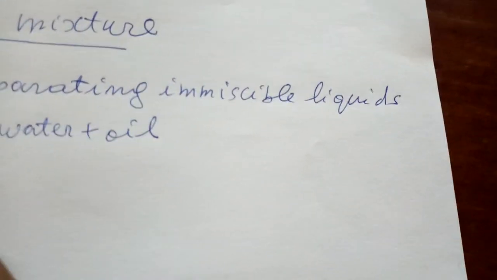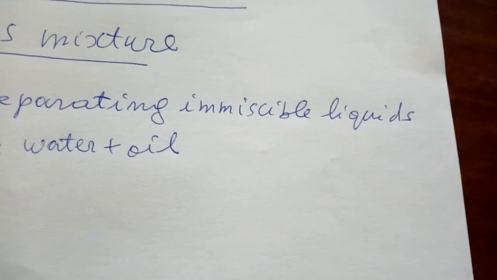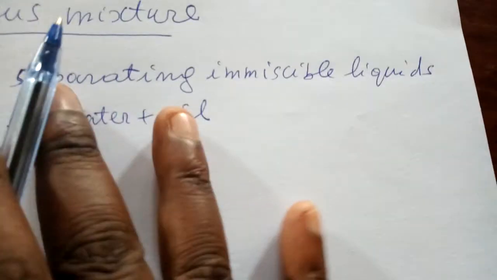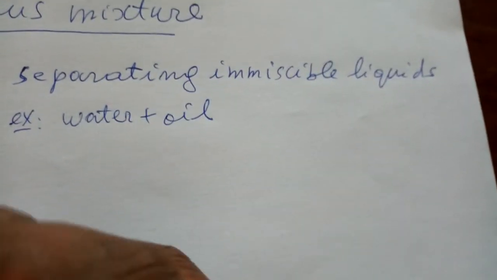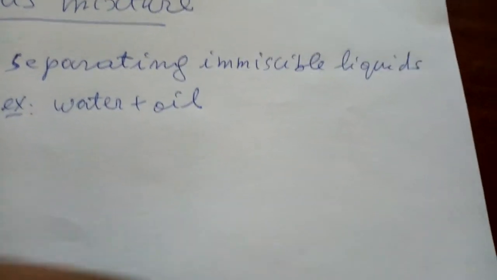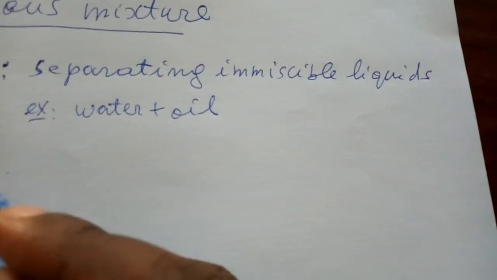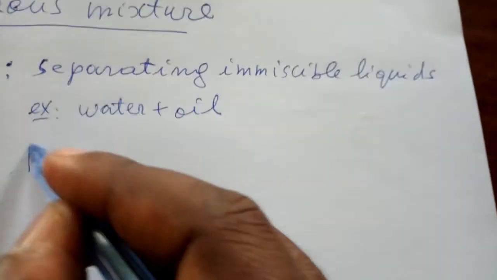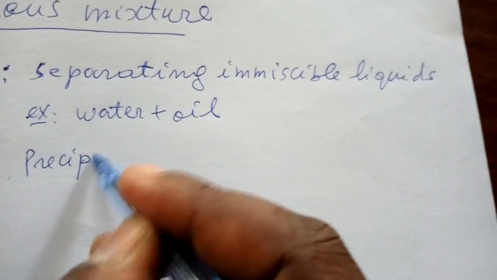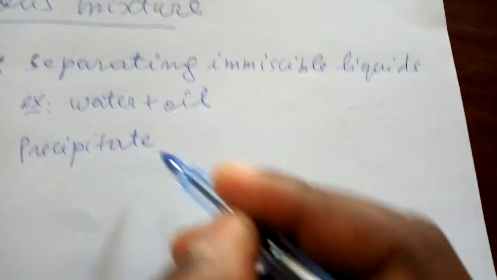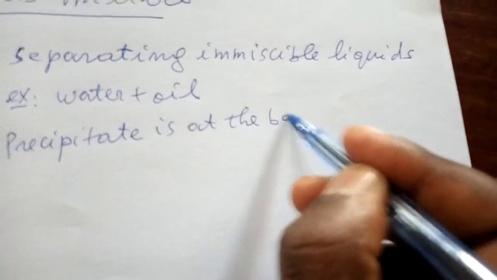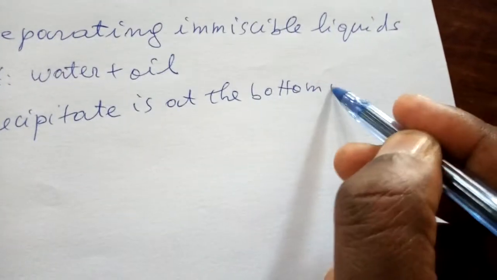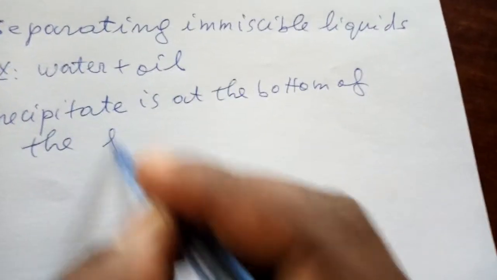Another method, we can give the example of filtration. I give two examples for heterogeneous. Filtration is used when there is a precipitate at the bottom of the flask.